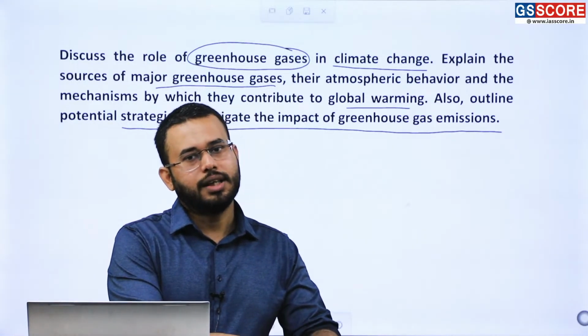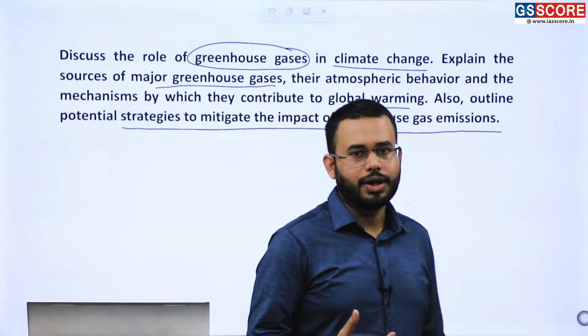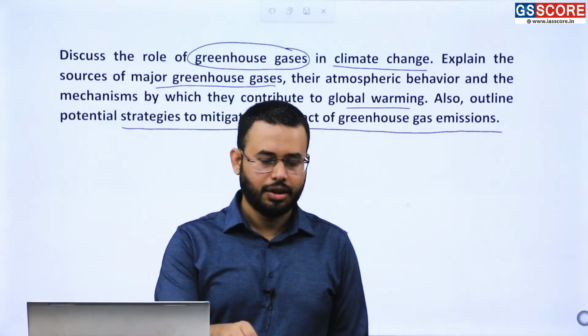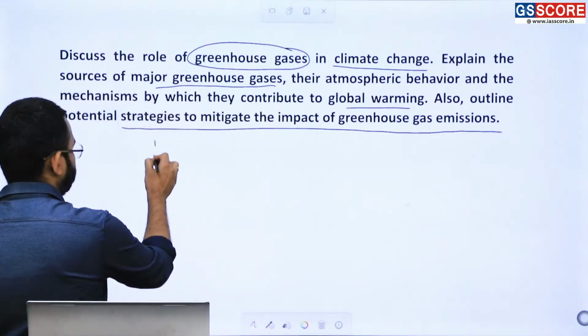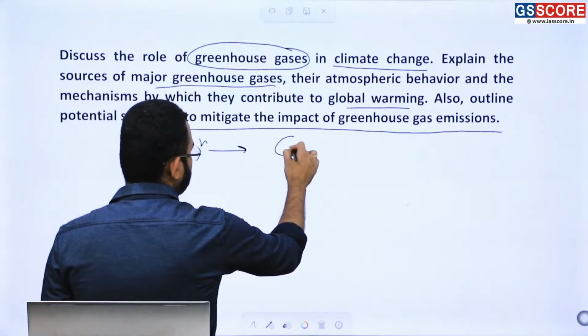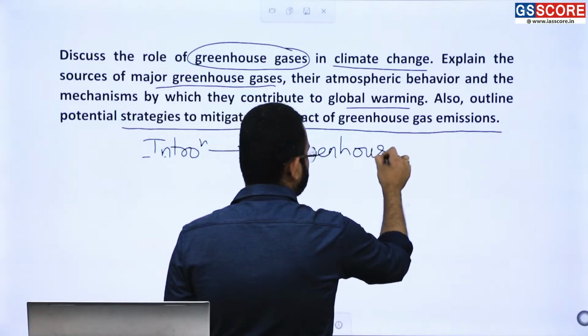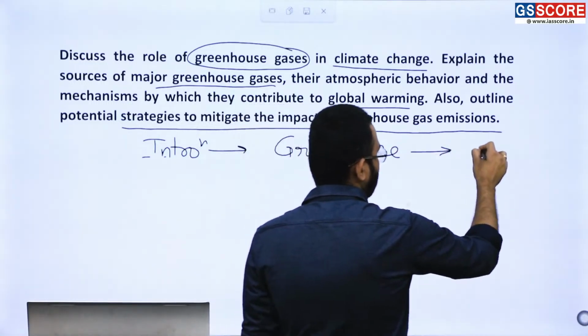How to start this answer? First, you talk about what a greenhouse means, right? So your introduction should explain what we mean by a greenhouse and what its advantages are.